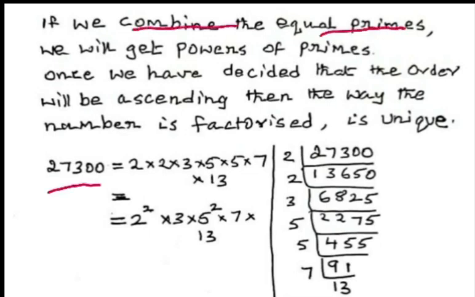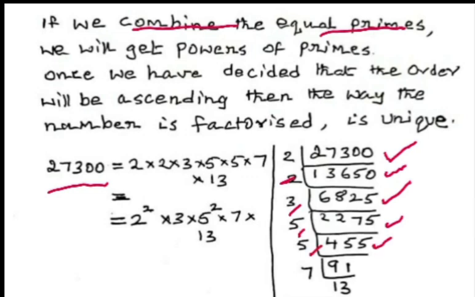For example, for this number 27300, we find the prime factors. First, we divide by 2. 27,300 divided by 2 gives us 13,650. Again, if we divide by 2, we get 6,825. 6,825 by 3 gives us 2,275. 2,275 by 5 gives us 455.